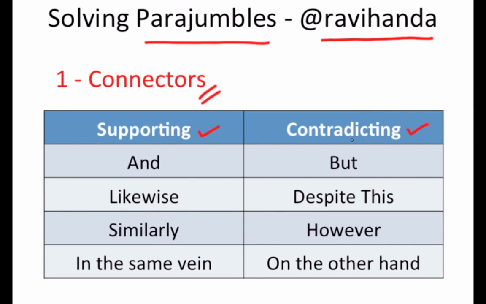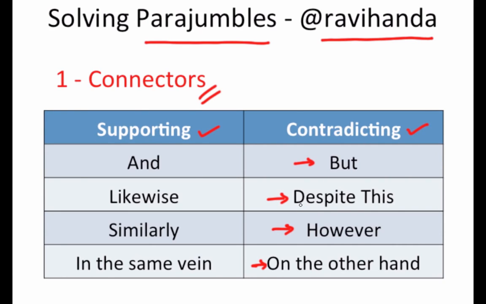Whereas there can be contradicting connectors such as but, despite this, however, or on the other hand. These are contradicting connectors. Let's say if you have a statement and then you need to contradict the previous statement, then you can use words or phrases like this. If you find words or phrases like this in a parajumble question, it would become really simple.